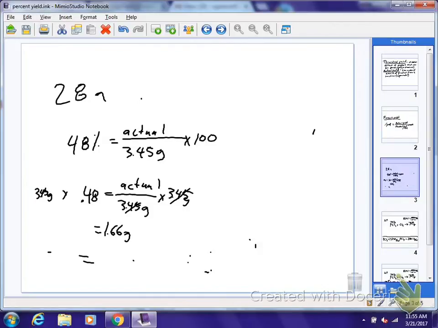We're going to look at number 29 on page 322. Look at 29 on page 322 and write out that equation: PCl3 plus PCl2 gives you PCl5. Write that out.